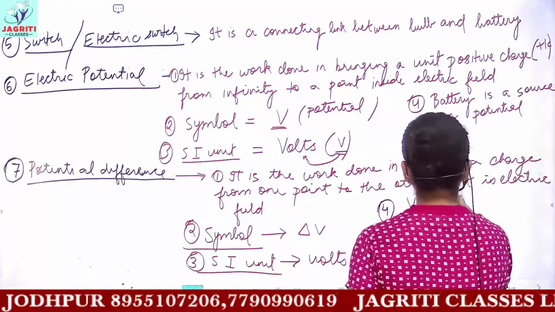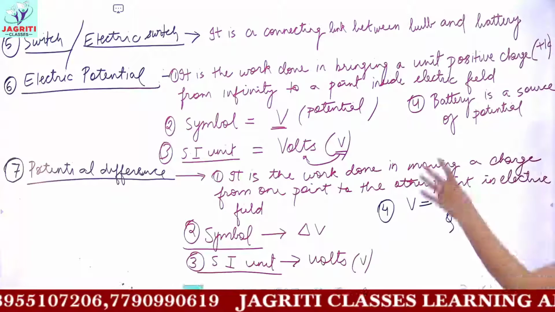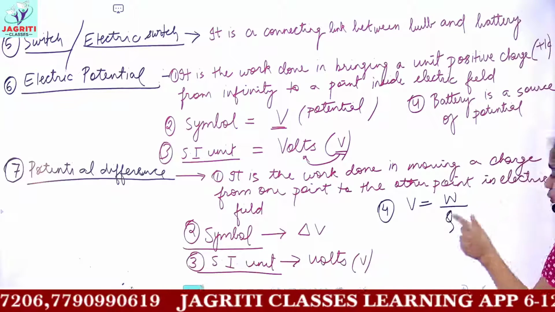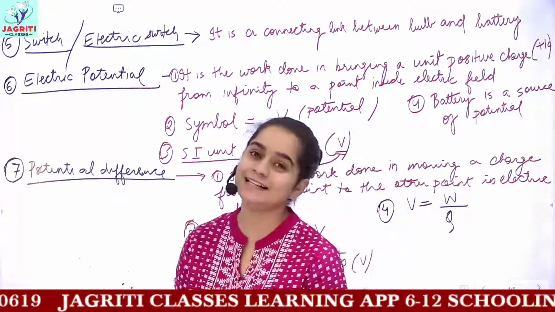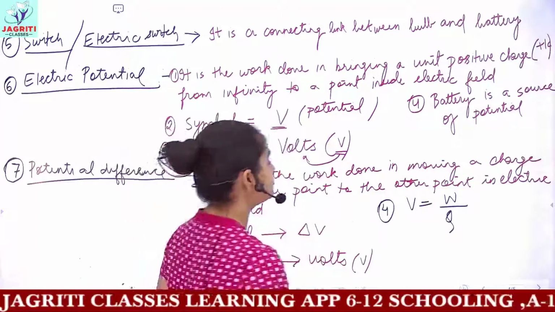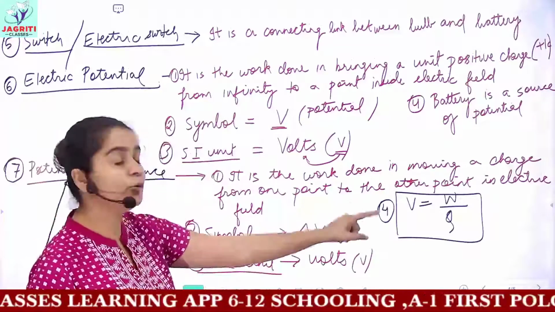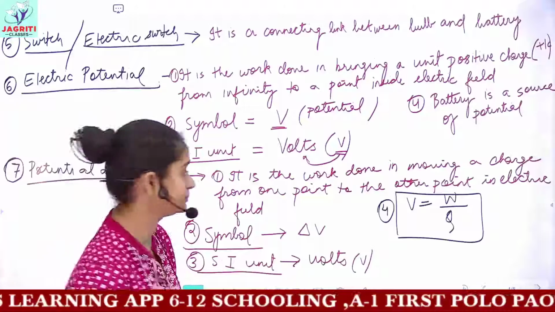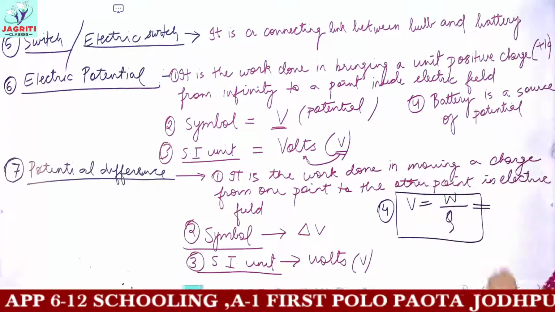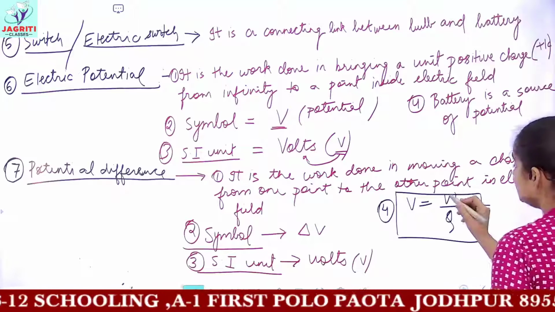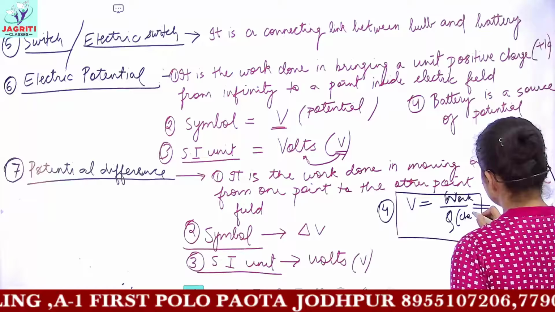So V is work done divided by charge, because what is potential? It is the work done in moving a unit positive charge from infinity to a point present inside electric field. So this gives you a formula for potential. And from the formula, can you derive the unit? If I try to derive the unit of potential from the given formula, W is work and Q means charge.